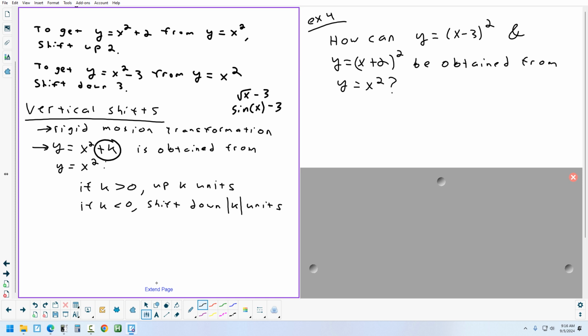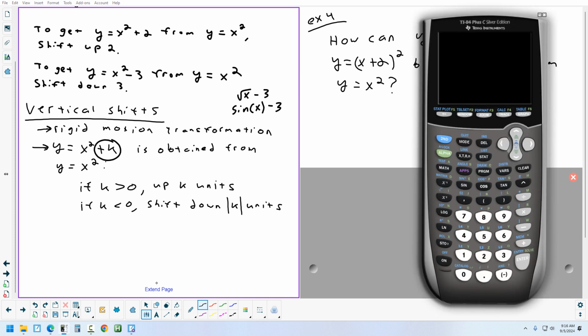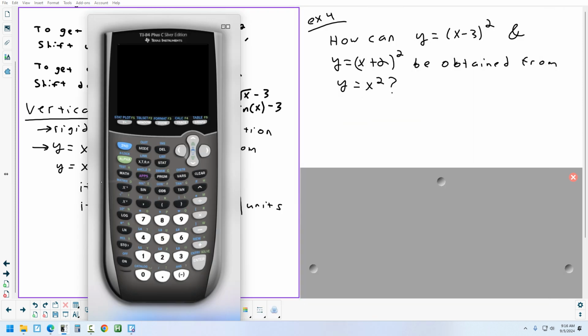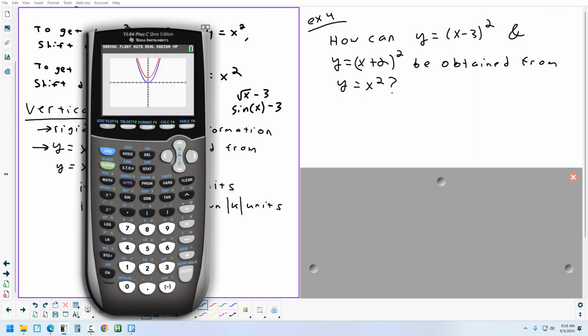Let's try it. So let's just do x squared and then x minus 3 squared. And you might think that it would go to the left because it's a minus. Negative numbers go to the left, but it doesn't. Horizontal transformations are usually backwards from what you would expect.